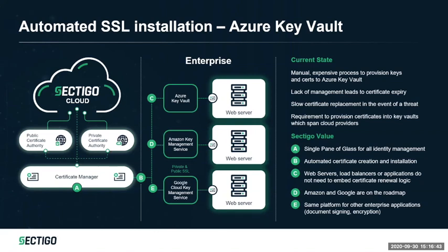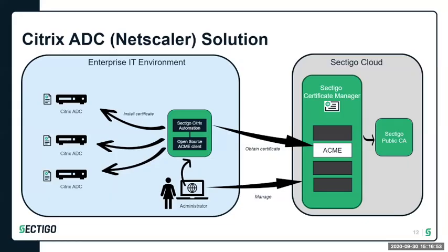That is going to be a fully comprehensive solution when we get to that roadmap. But today we do have the Azure Key Vault integration available to you. Finally, I mentioned the Citrix ADC integration via ACME.